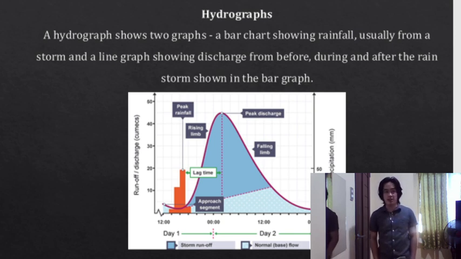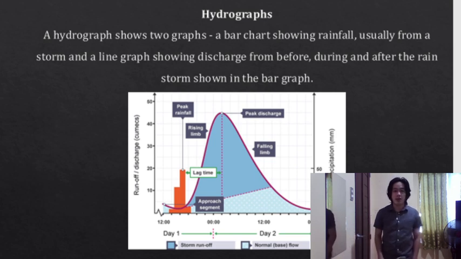The river discharge is the volume of water flowing through a river channel. So this is the total volume of water flowing through the channel at any given point, measured in cubic meters per second.